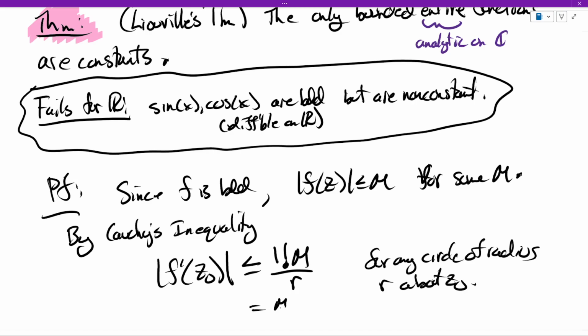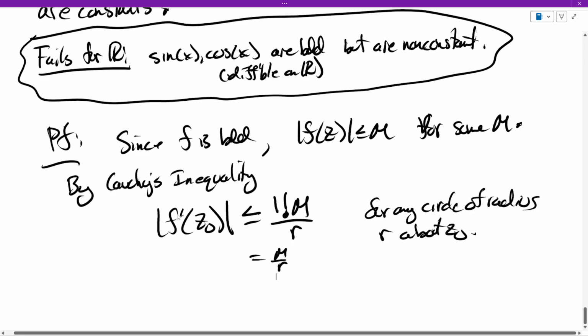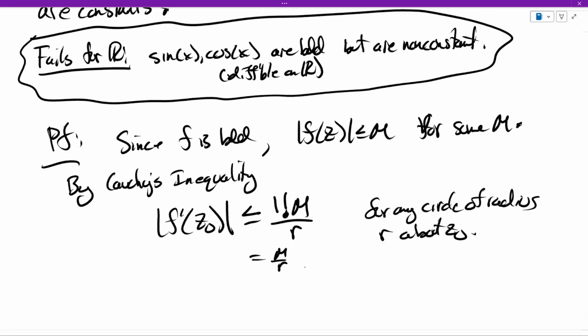So that's just M over r. And this is where we're going to use the fact that f is entire. So first of all, the derivative exists. That's fine. But actually, f is defined on all of C, and the derivative exists on all of C. So since f is defined on all of C, we can make r as big as we want.